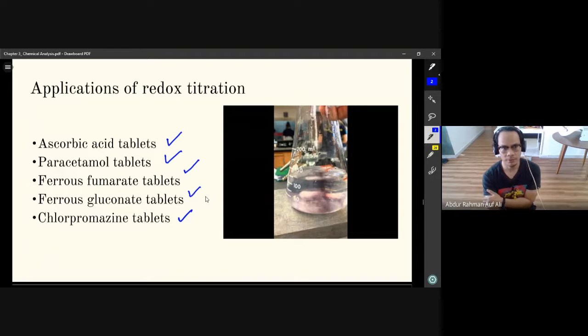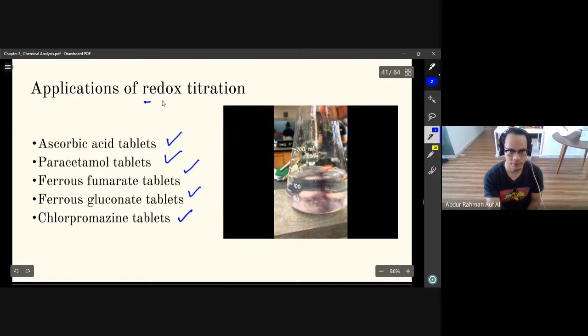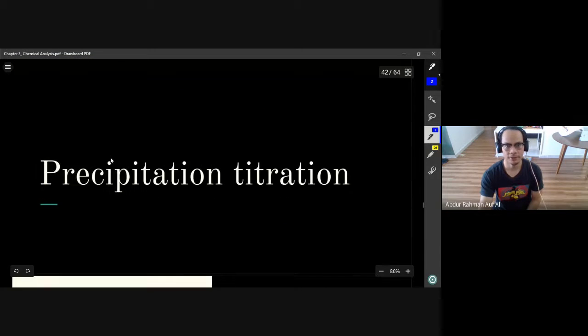If the substances that we want to test can easily transfer electrons, it is best to use redox titration because we can let the substance react with our standard solution. Okay, so let's take 5 and then later we will continue with precipitation titration.